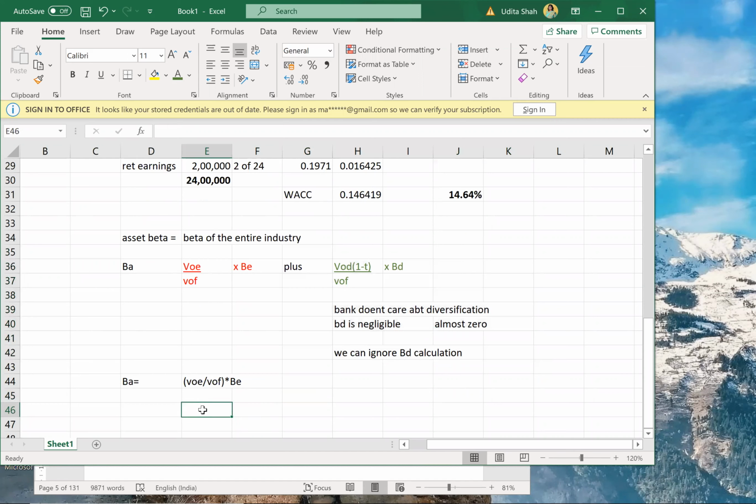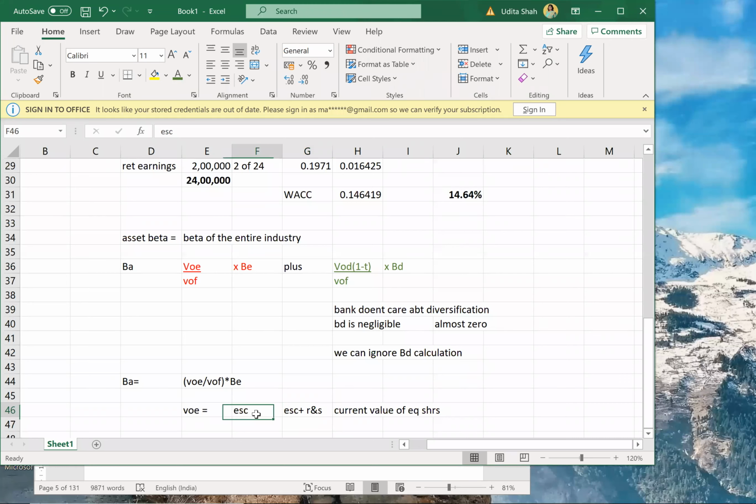So here, value of equity means what? How do you calculate value of equity? You guys answer me in the chat box. Does it mean equity share capital? Does it mean equity share capital plus reserves and surplus? Or does it mean current value of equity shares? Out of these three things, what is the answer?